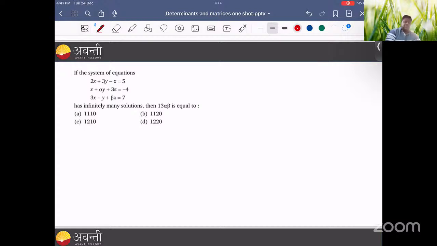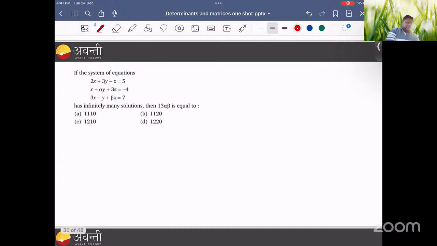What are the conditions for infinite solutions? D should be 0, as well as D1, D2, D3 being 0.